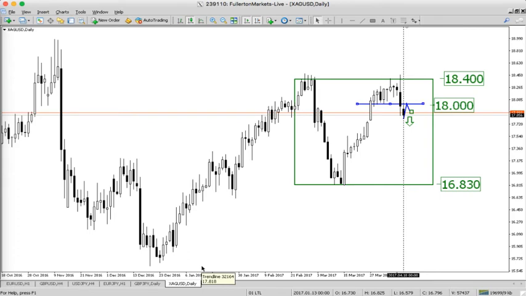The next chart on my screen request is dollar yen. Okay, let's look at dollar yen.